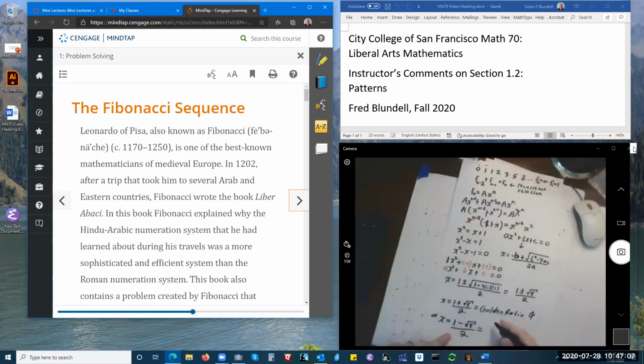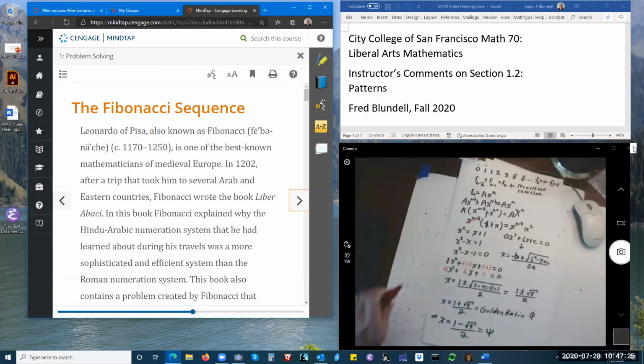And a letter sometimes used for that is psi. So x could be either phi or psi. Okay.